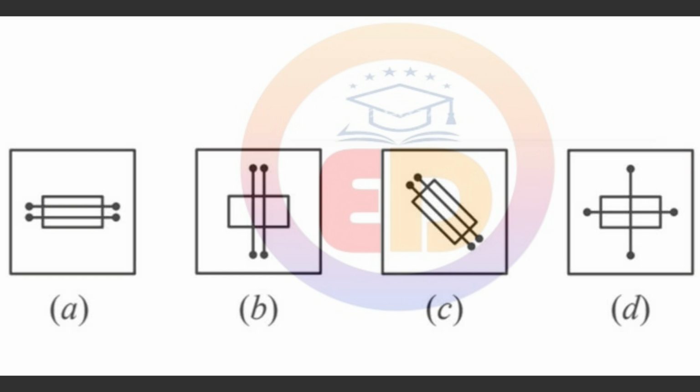In this question, in the first figure, there are 2 pin shaped lines. They are parallel to each other. In the figure B, again, the 2 pin shaped lines are parallel to each other.